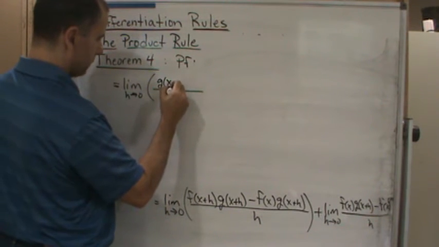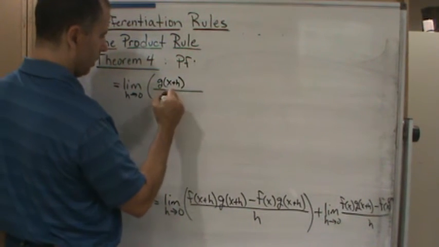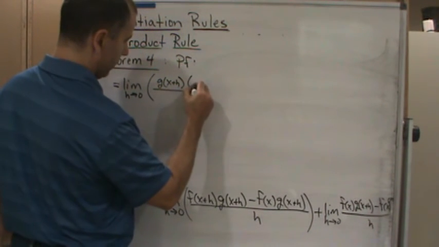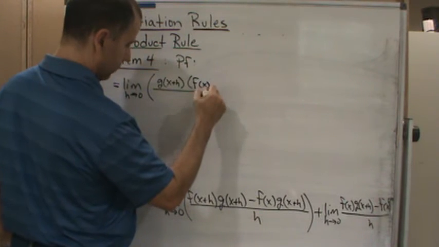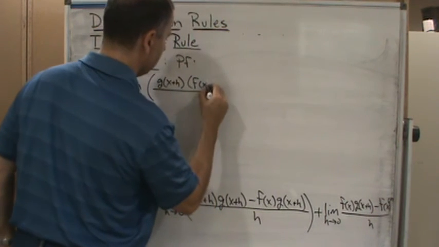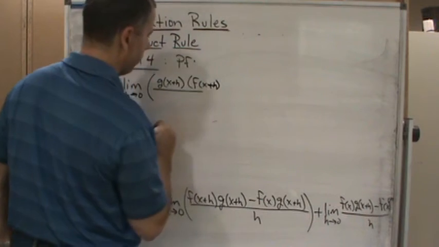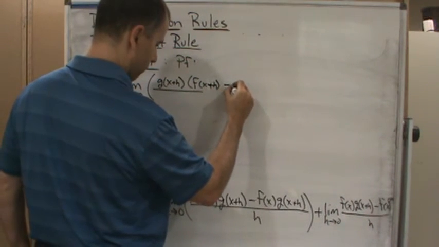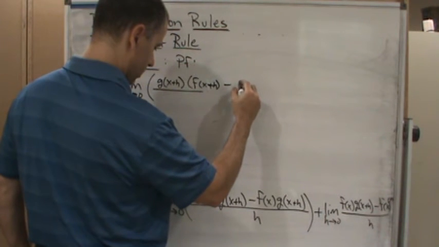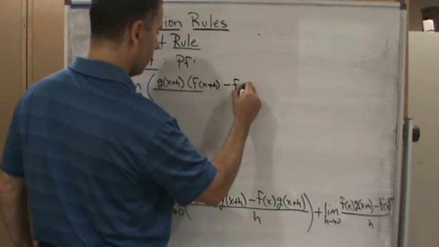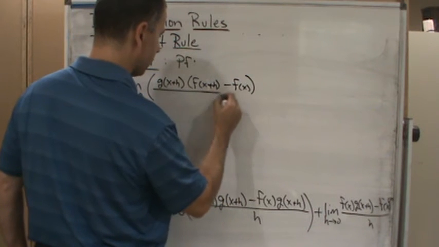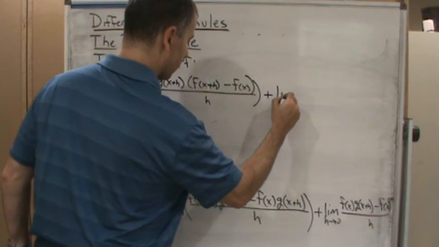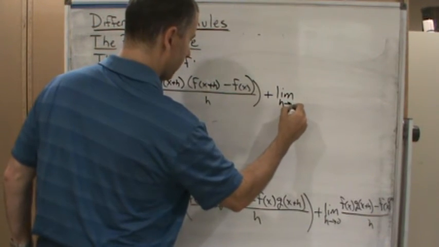So I'm going to get g of x plus h times f of x plus h minus f of x over h, plus the limit as h approaches 0.